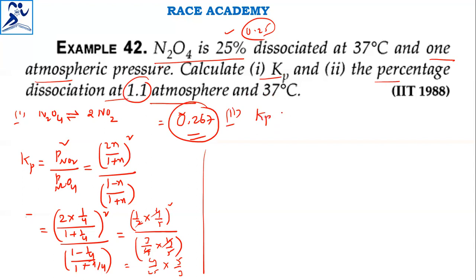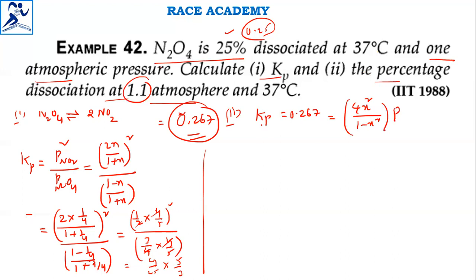The Kp value we have, that is 0.267, is said to be equal to the expression 4 alpha square, we know that, x square by 1 minus x square into total pressure P is there.